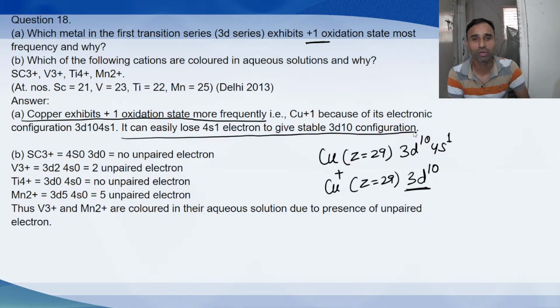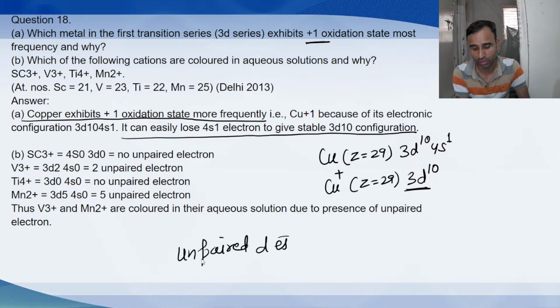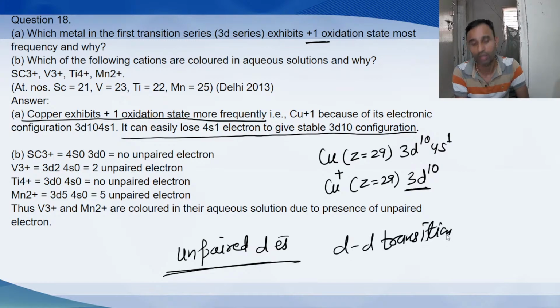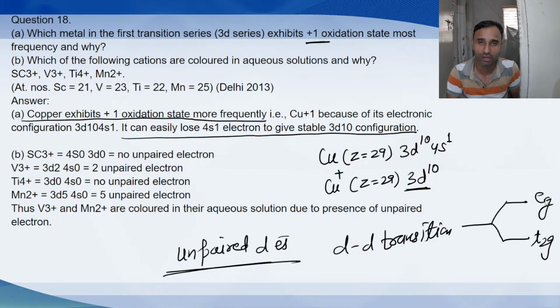Next, which of the following cations are colored in aqueous solution? So say ions are colored having unpaired d electrons because of d-d transition. In the first lecture, we have done that d orbitals split into t2g and eg in an octahedral field.